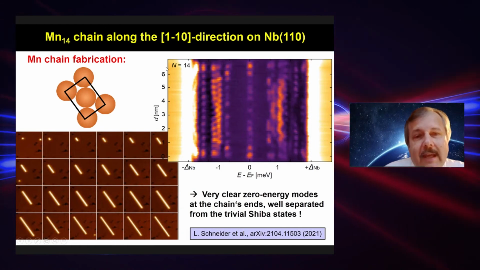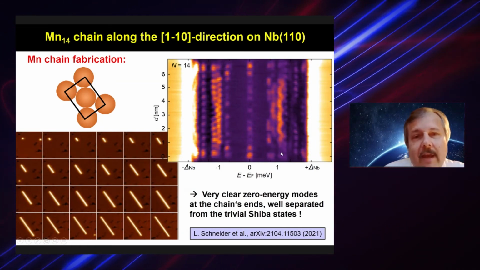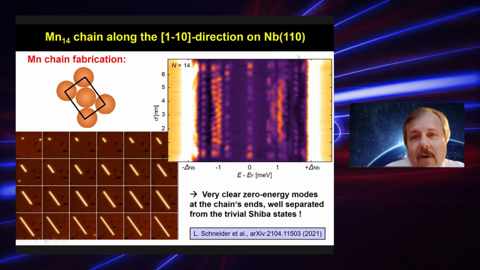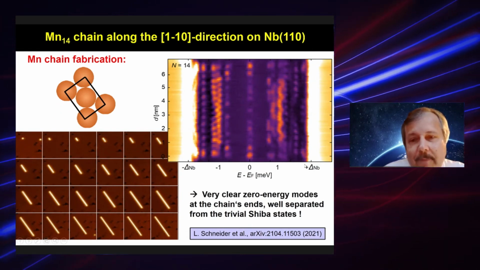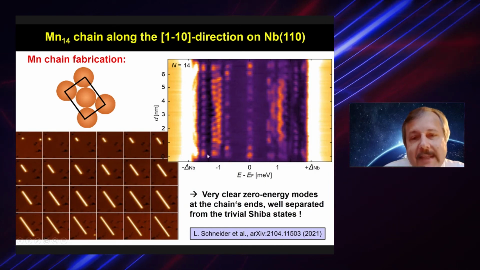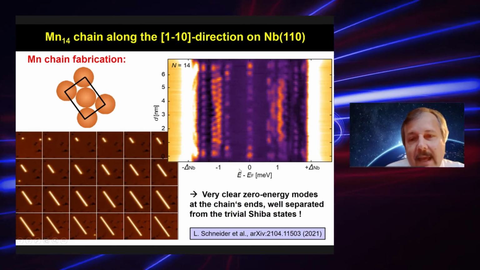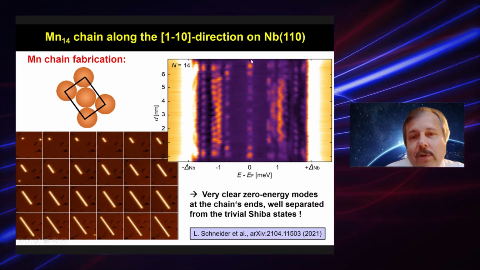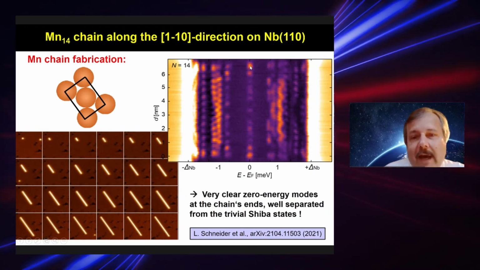So here is again the spatial coordinate, and here the energy for a manganese chain of 40 atoms on niobium 110. Here you see basically the gap of the niobium substrate. Inside the gap you see the Shiba bands at finite energy, but you also see the zero energy mode very clearly with very pronounced signature right at the ends.